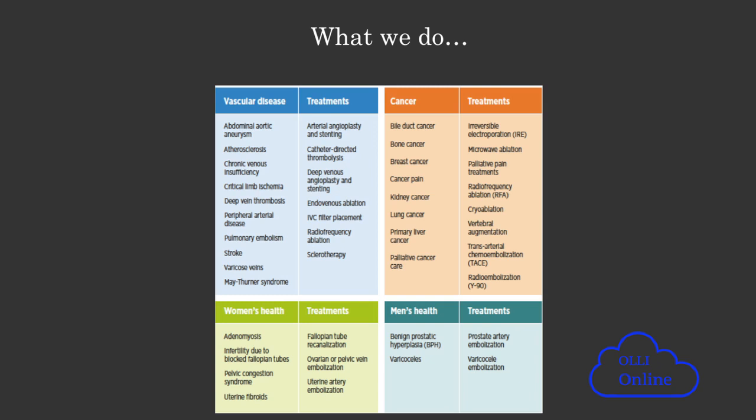We can treat peripheral arterial disease like you've seen, and venous disease, all kinds of venous disease, chronic venous insufficiency, May-Thurner syndrome. We can treat varicose veins, and DVT is also one of the hot spots that we like to treat too.